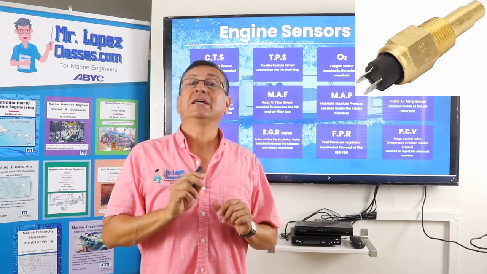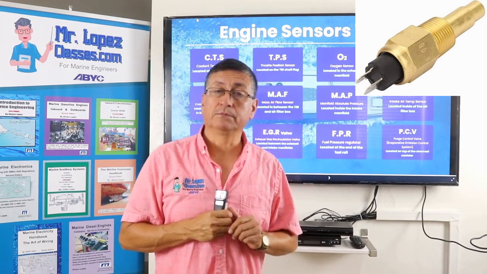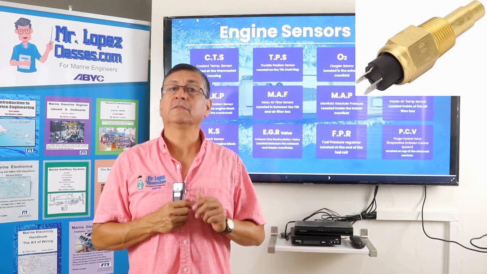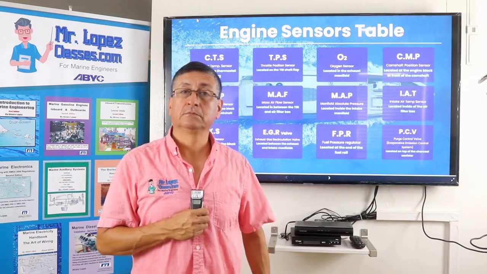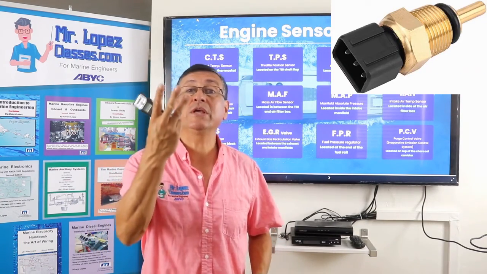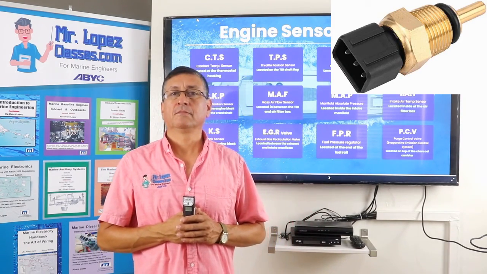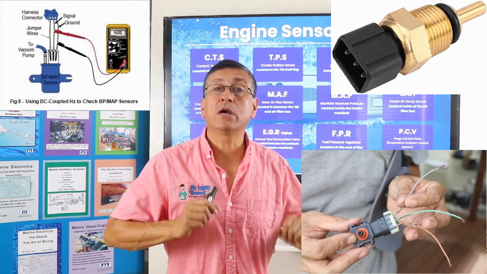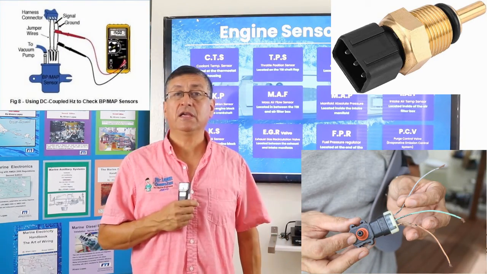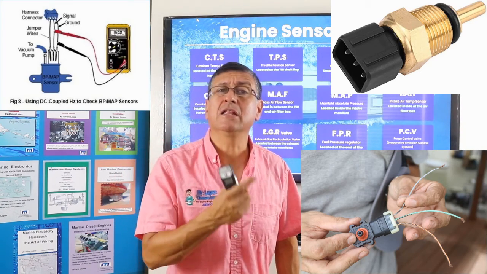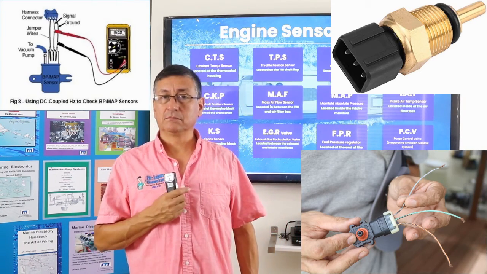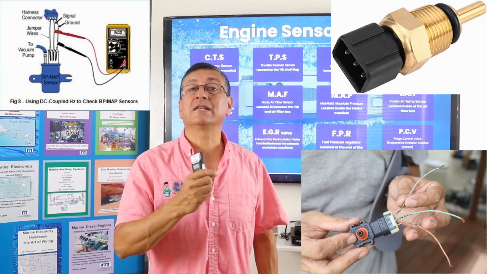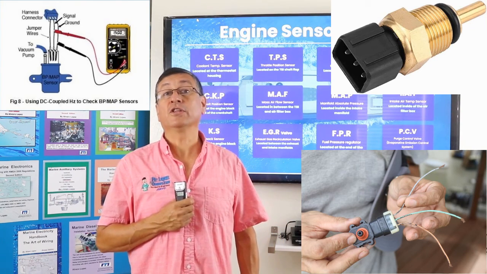Those sensors receive signal from the computer. Those are the sensors with two terminals. There are sensors with three terminals. They have two terminals with constant power, positive and negative, and another terminal, normally the middle one, for the signal. And this is the reference signal from the computer.